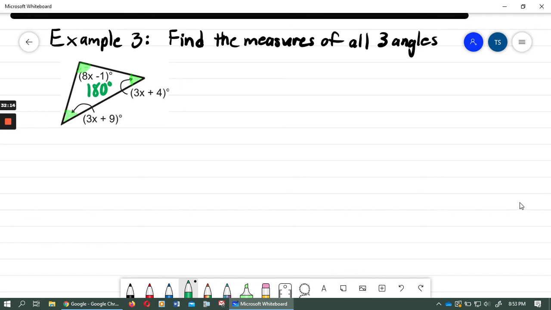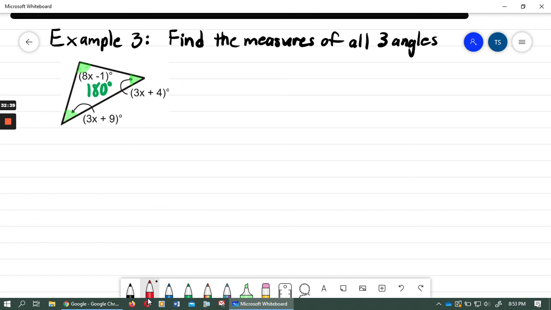Now, folks, I'm not going to write it out like I did in those last 2 examples, because by now we should be remembering this, and that's why we're repeating this same thing over and over again to help get it in your memory, that all 3 of these interior angles inside of this triangle have to add to give us 180 degrees.